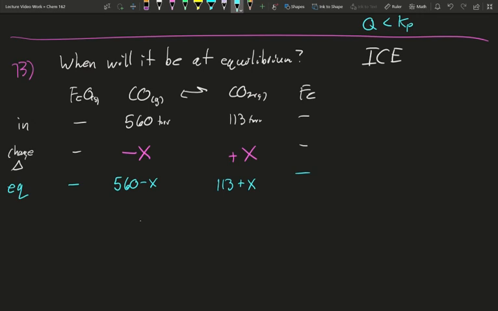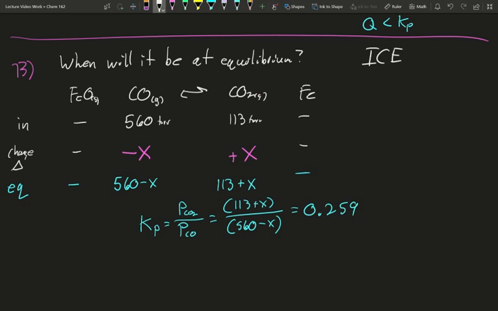Well, if I'm at equilibrium, then those must equal Kp. The pressure of my CO2 divided by the pressure of my CO is going to be 113 plus X divided by 560 minus X. We were given Kp, it was 0.259. So we can rearrange.